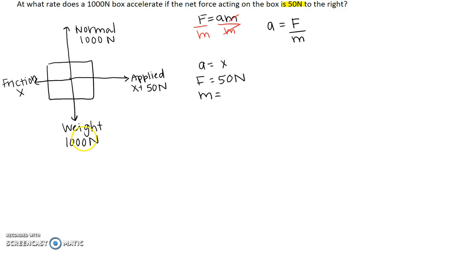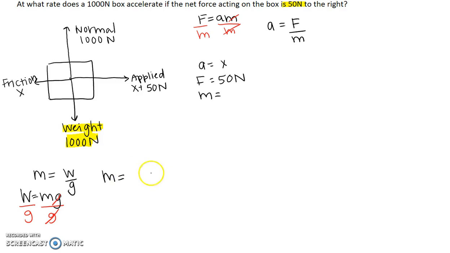What we have right here is a weight, which is very different than mass. So for our equation for mass, we think back to W equals mg: weight is mass times gravity. If I divide each side by g for gravity, I end up with m is equal to W over g.